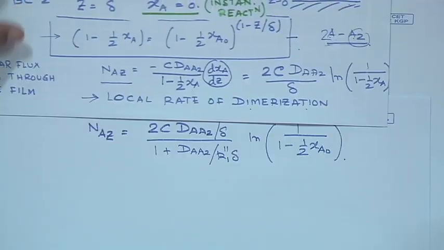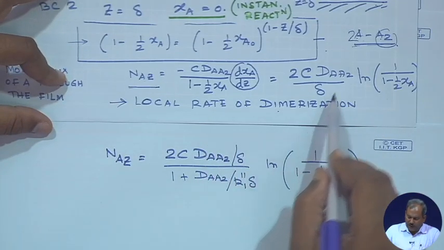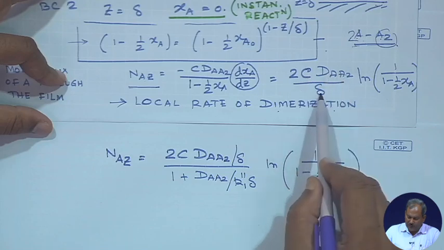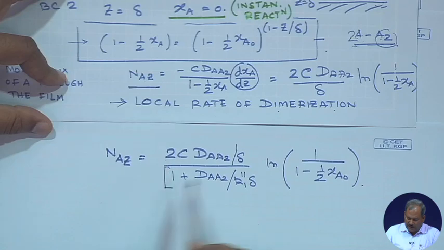Okay. So, again compare the result which we have obtained with the result that we obtained before, that is the local rate of dimerization for a fast reaction is simply twice C d A2 by delta. So, we have this over here, but this is the additional term that we are getting since our reaction rate is finite.